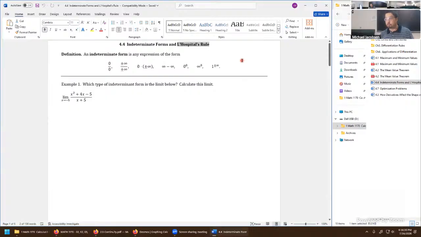Before we look at L'Hopital's rule, it's about indeterminate forms. Indeterminate forms could be things like 0 over 0. If 0 over 0 comes up when we directly substitute in a limit, it's considered indeterminate because 0 over 0 is not necessarily 1. It can be anything.